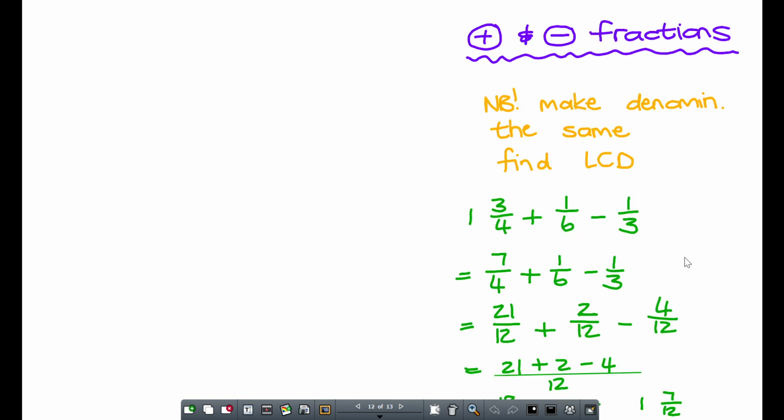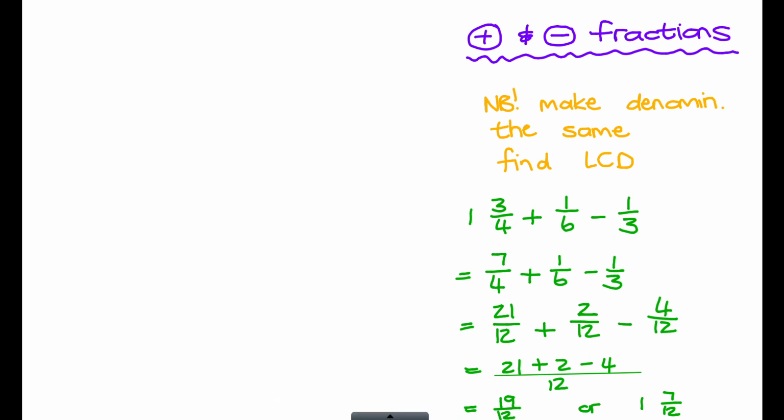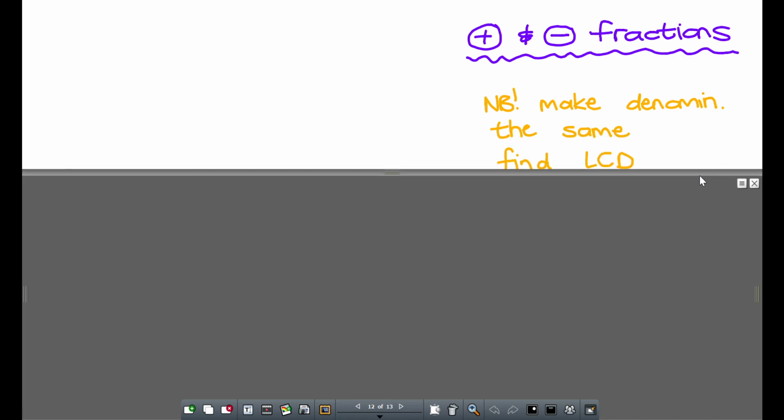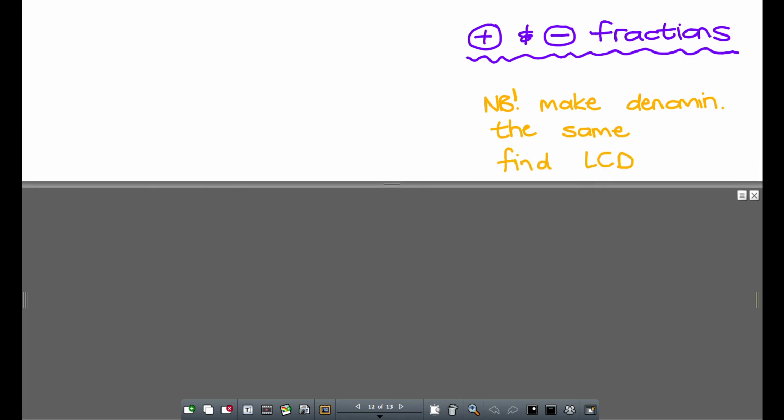Right. So what we're doing now is we have got to add and subtract fractions. Okay. Now, very important. I think I'm going to close it so you guys can't see everything all at once. What we've got to remember is we've got to make the denominators the same. And before we can make denominators the same, we've got to find the lowest common denominator.